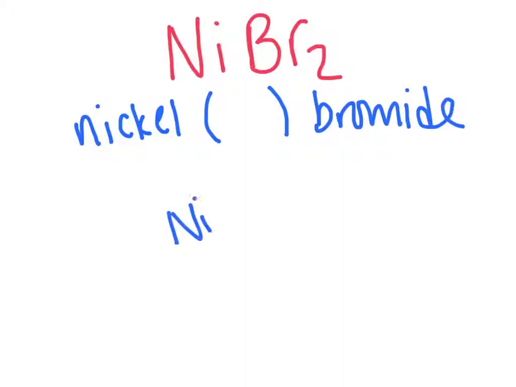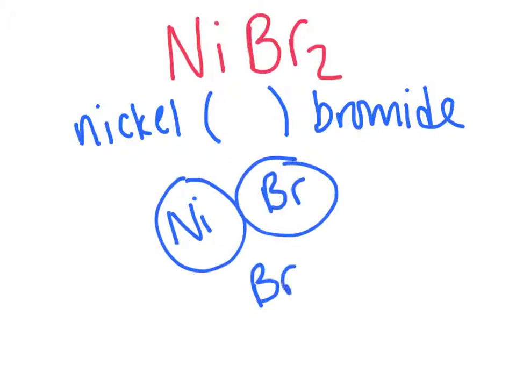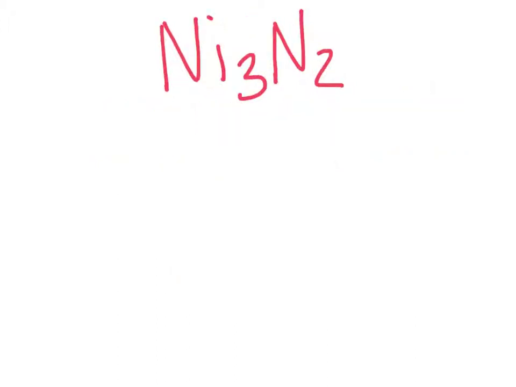I know there's one nickel, and I know that there are two bromides. I absolutely know that the charge of these is 1 minus and 1 minus, and therefore the charge of the nickel has to be 2 plus to balance that out. That means that I write the charge right there. So if you wrote nickel(II) bromide, you are correct. Yay.